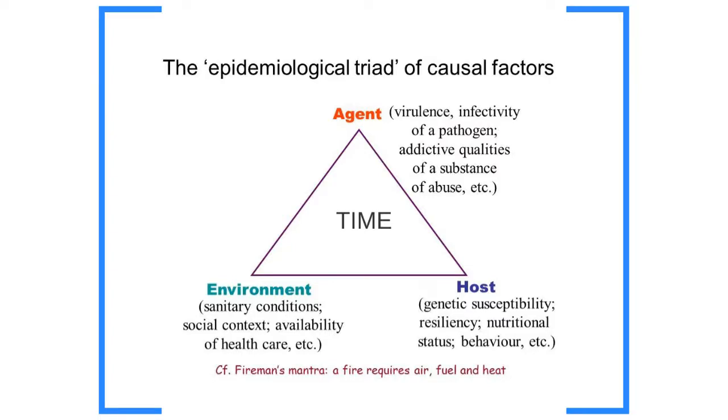And then the environment, which means that you have the conditions right for the transfer. And that might be associated with being in close proximity to someone, sharing glasses to drink from, doorknobs, something that's on a doorknob. I'm thinking of a cold, and also accessibility or availability of healthcare.